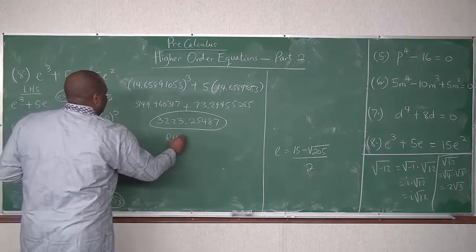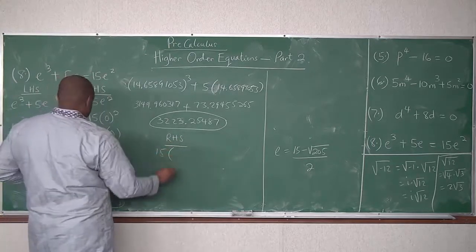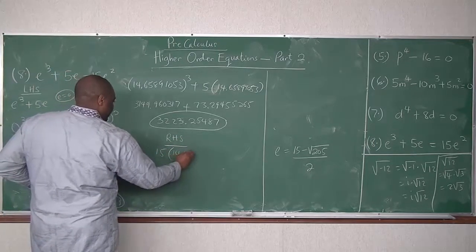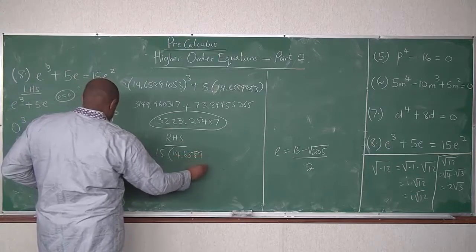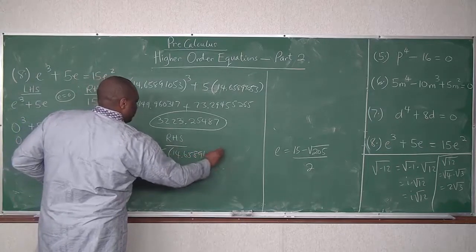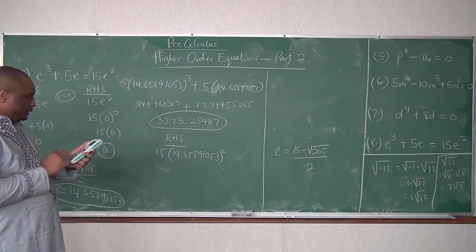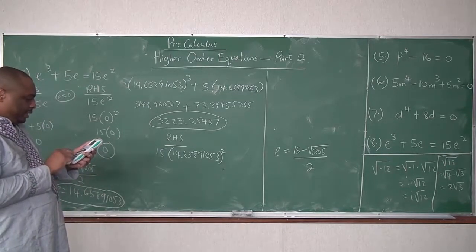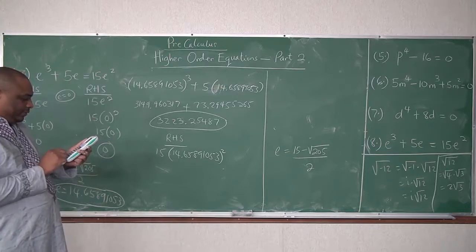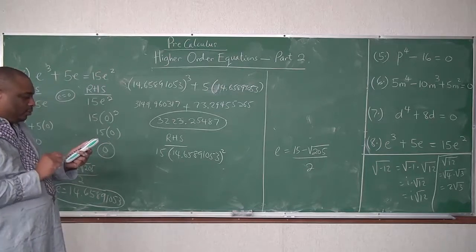Alright, now let me do the right hand side. The right hand side will be 15 times 14.65891053 all squared. So 14.65891053 squared equal to this.